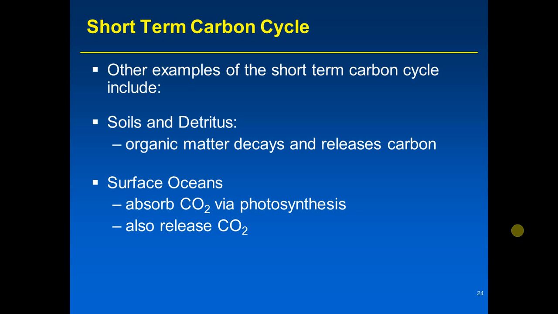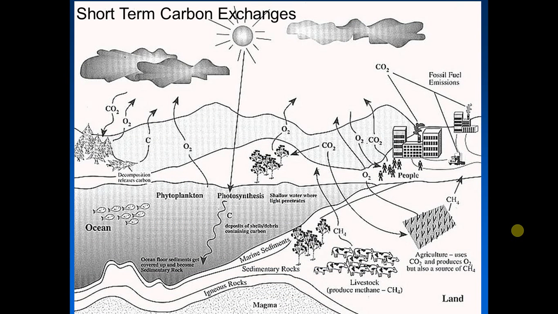So recognize that photosynthesis and respiration are not only relevant for the land and vegetation or biosphere parts of the land, but also the ocean. And here's a figure showing some short-term carbon exchanges.